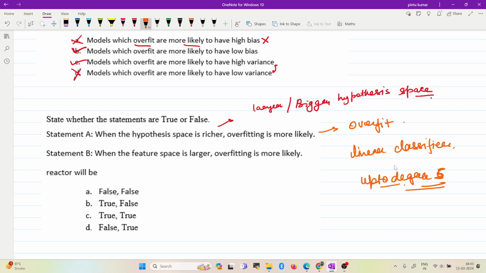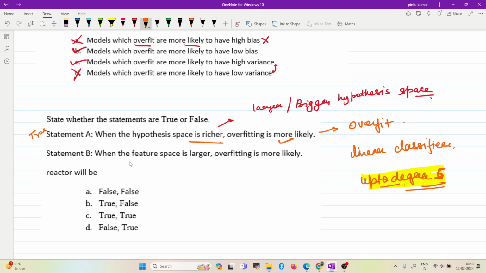So which one has a larger, richer hypothesis space? The second one. And when you have a richer hypothesis space, you are more likely to overfit, right? So the first statement should be true: when your hypothesis space is richer, you are more likely to overfit.